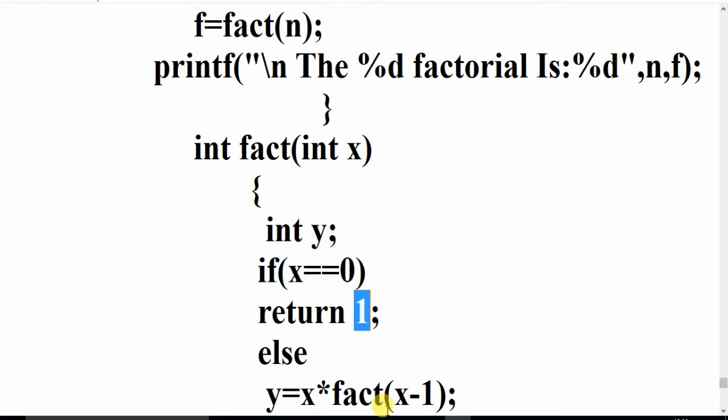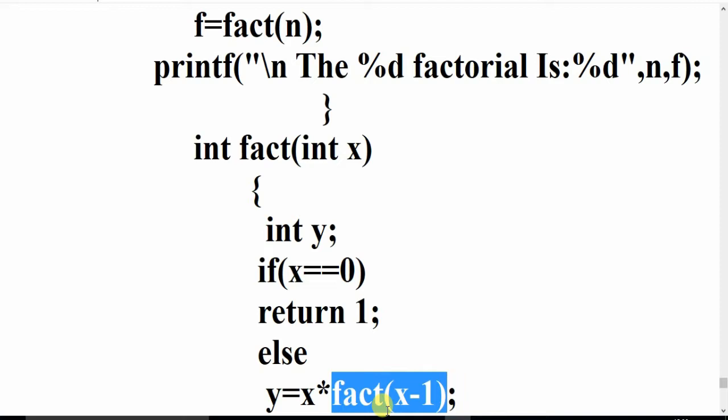What is it returning now? 1. This 1 is returned to the function call where the x value was 1, that is 1 into fact of x minus 1, nothing but 1 minus 1, 0. Now it is returned to the previous call, so the last is 1 into fact of 0, nothing but 1.